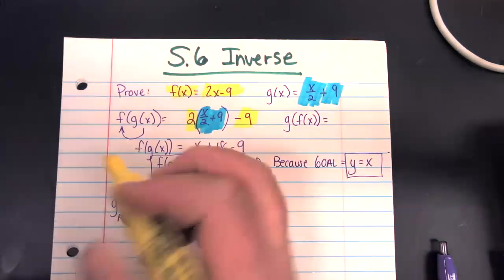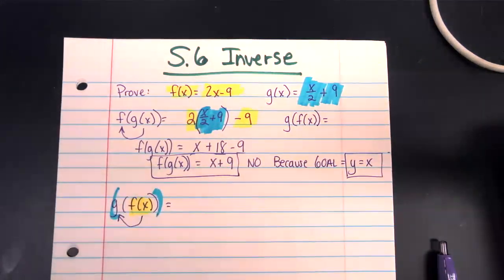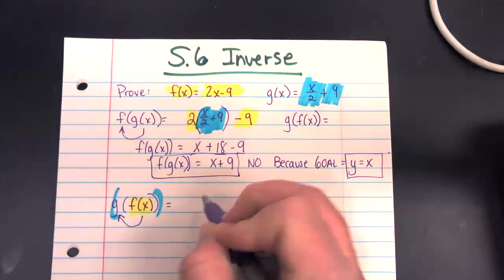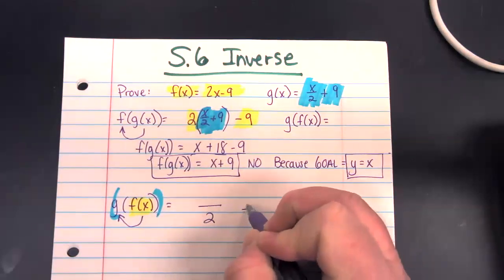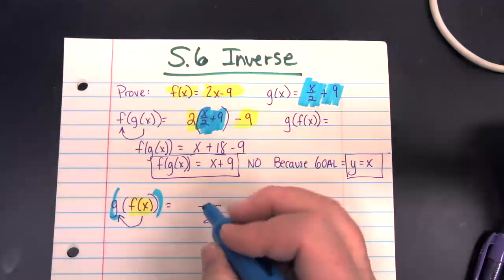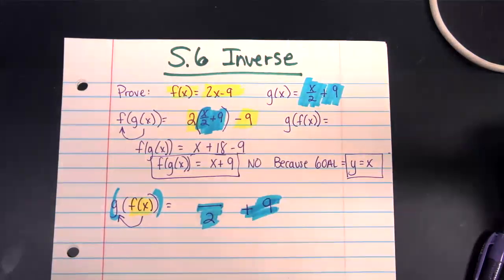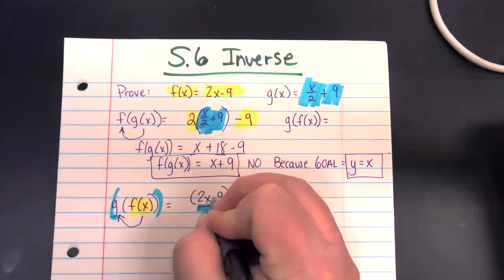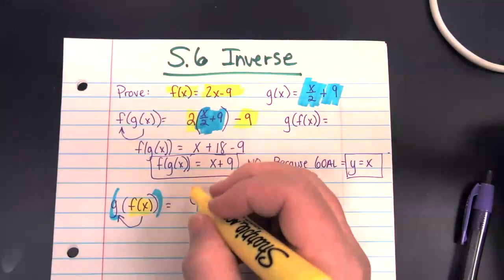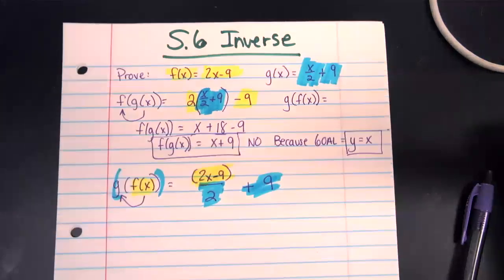So instead of writing an x, I plug in my f of x into the x part on my g of x, okay?